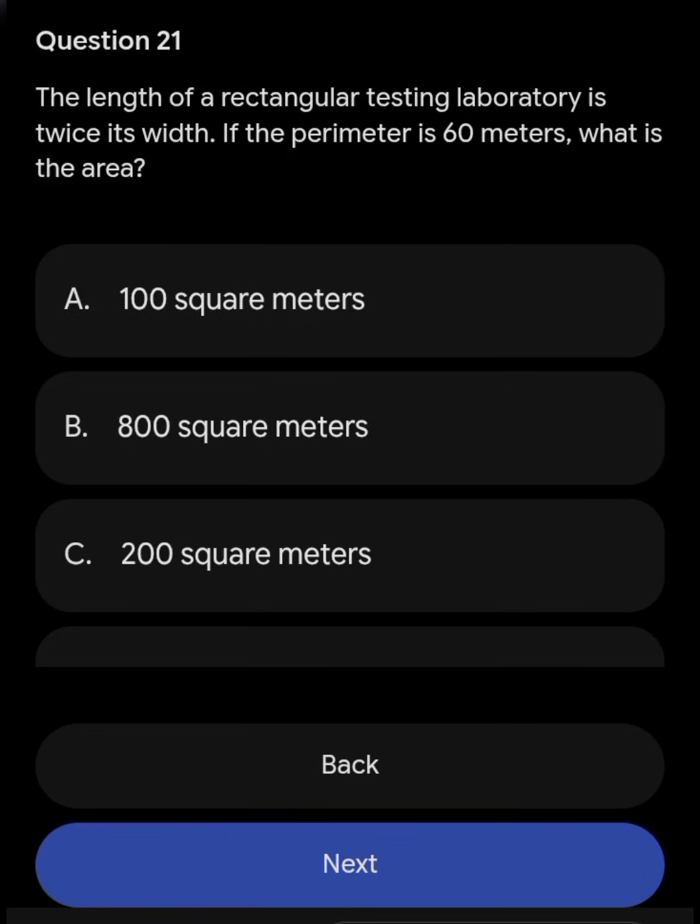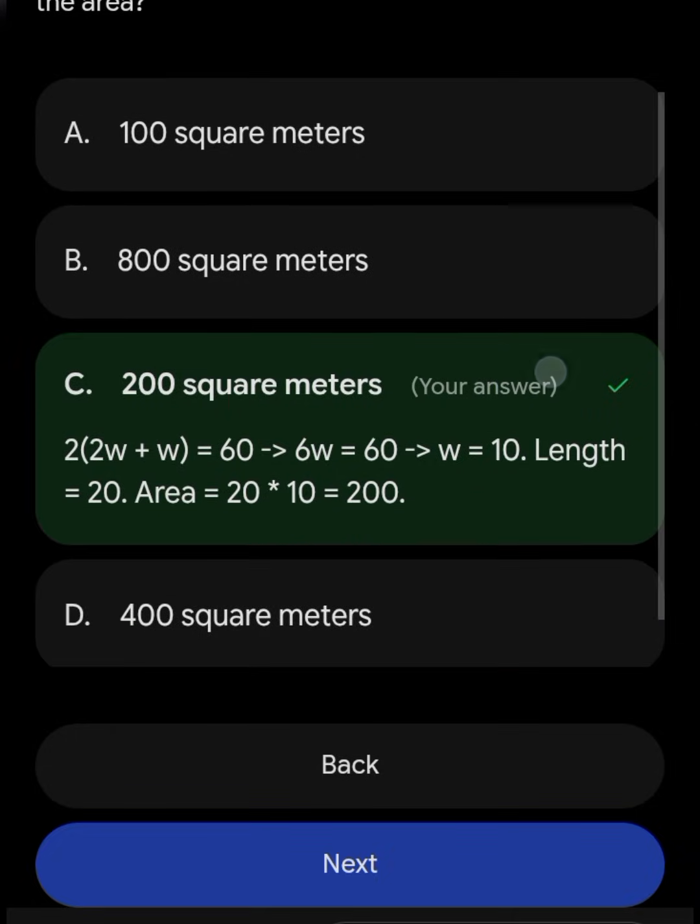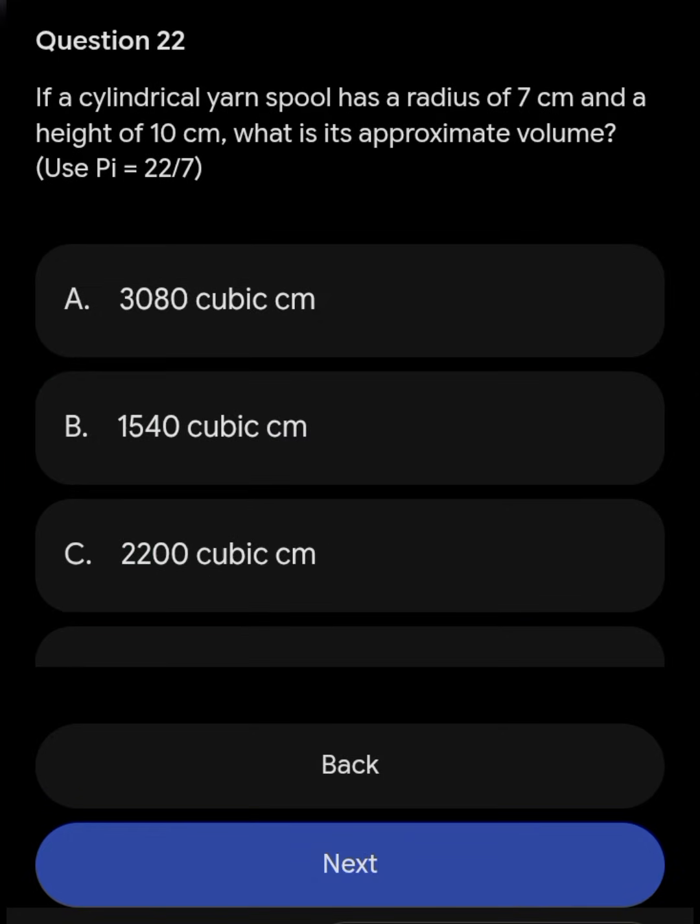Here the length is twice the breadth, so L equals 2 times B. Putting that in, 6 times breadth equals 60, so breadth is 10 and length is 20. Now its area: area equals length into breadth. These are straightforward questions, at a beginning level.